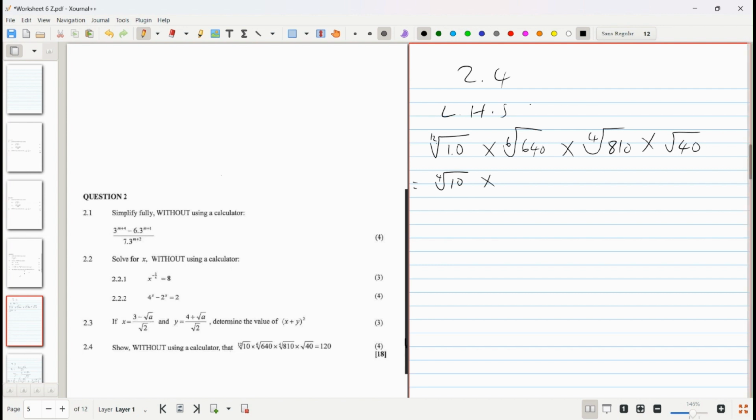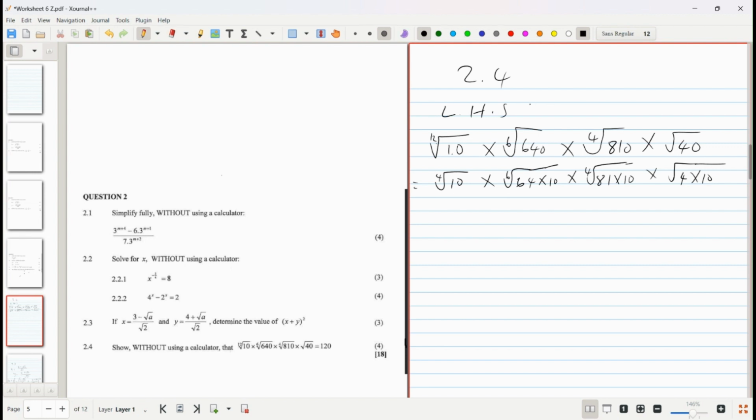We have the 6th root of 64 multiplied by 10, and then the 4th root of 81 multiplied by 10, and the square root of 4 multiplied by 10, right?